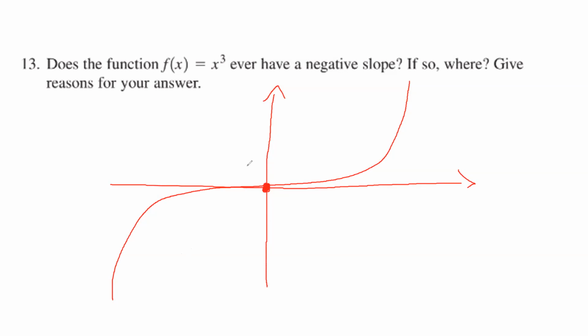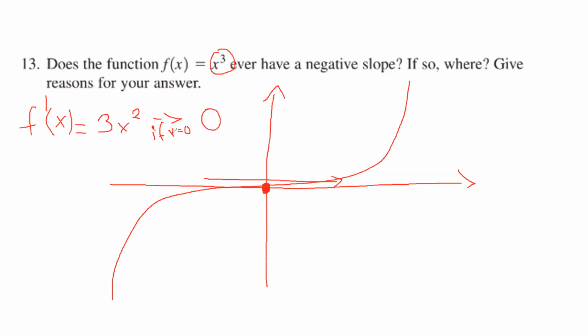First of all, I would evaluate the slope at 0, where the instantaneous rate of change would be equal to 0. The derivative of this using the power rule is 3 times x squared, and if x equals 0, the derivative is also 0.